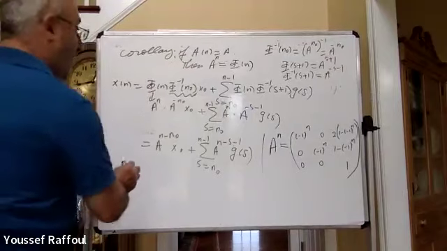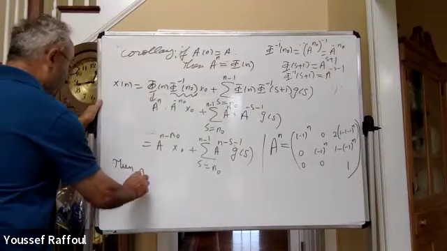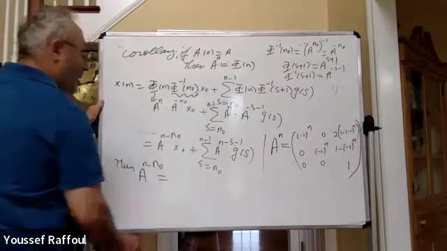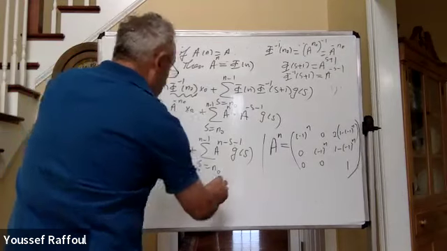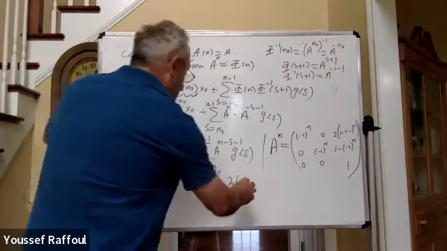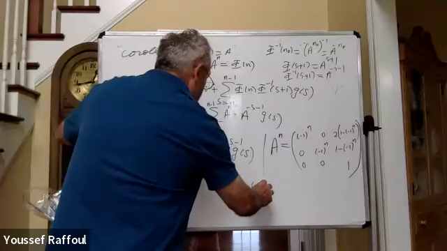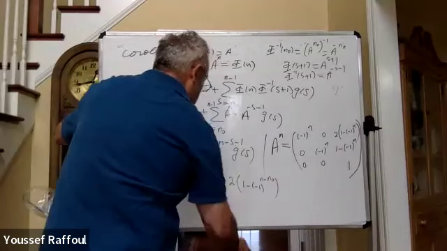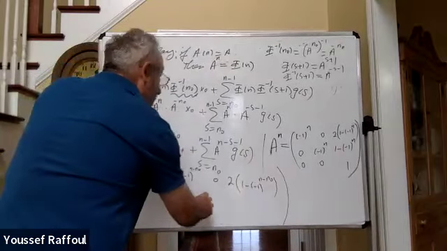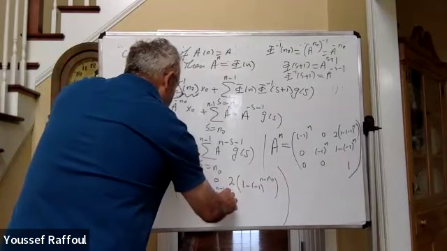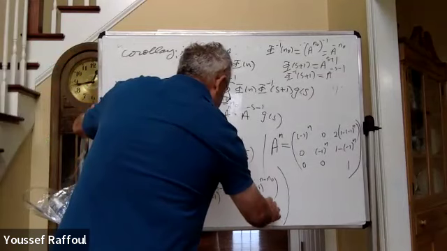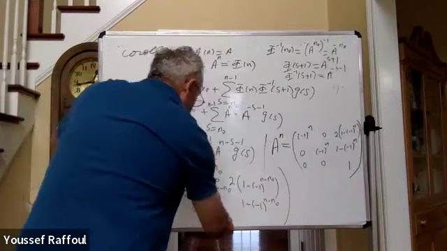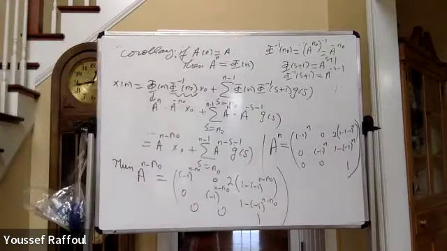And if you want to form A^n minus A^{n0}, then it has entries (−1)^{n−n0}, 0, 2(1 − (−1)^{n−n0}), and 0, (−1)^{n−n0}, 1 − (−1)^{n−n0}, and 0, 0, 1. You see it?